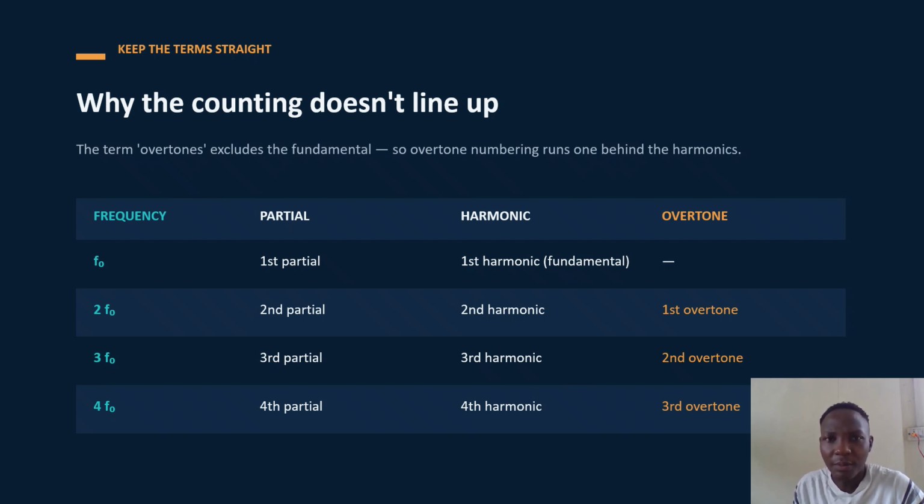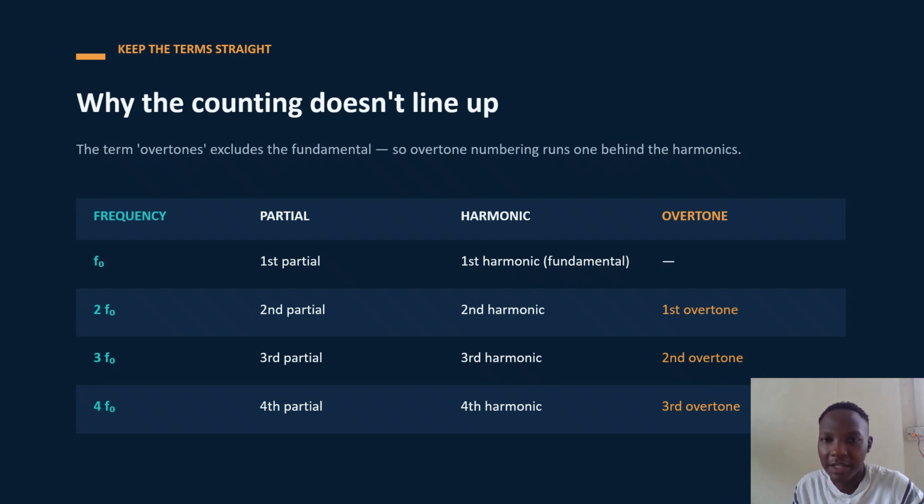The overtone should never be mixed with the other terms because the counting is unequal. The fundamental is right here, and the overtones start counting just above it. So that's the table that helps to understand the key terms related to the overtones, including the fundamental.